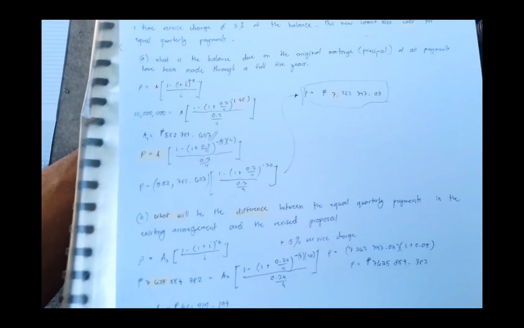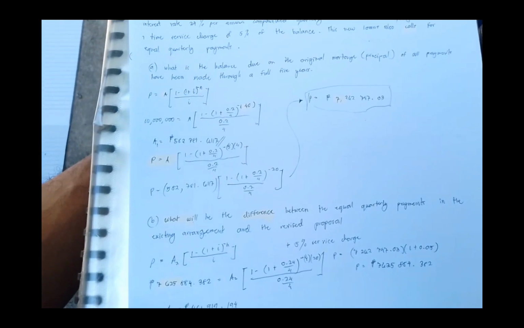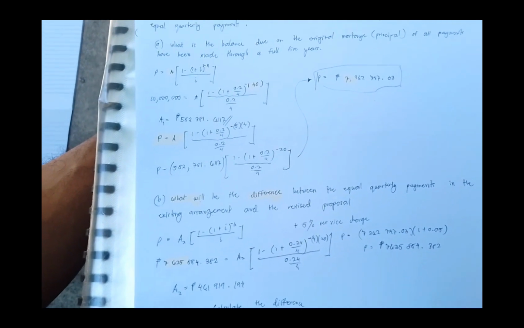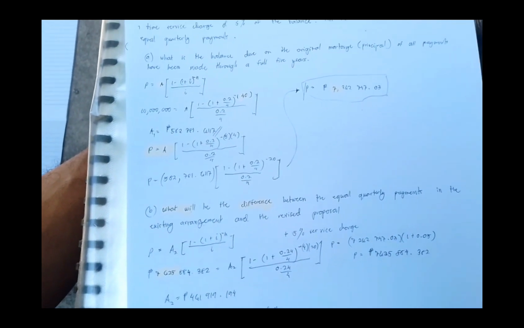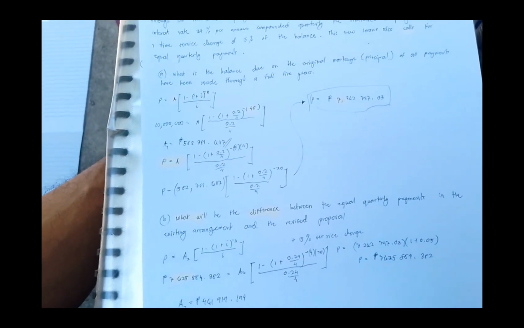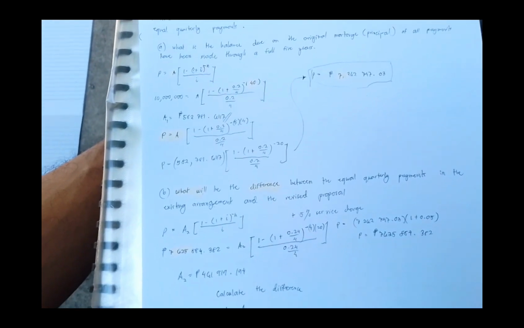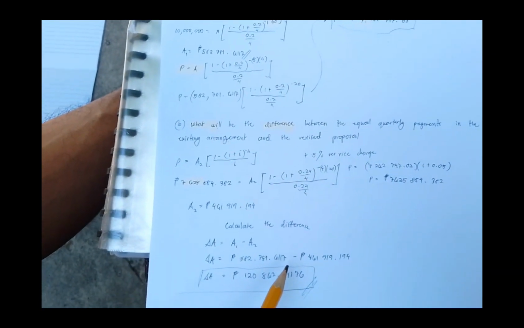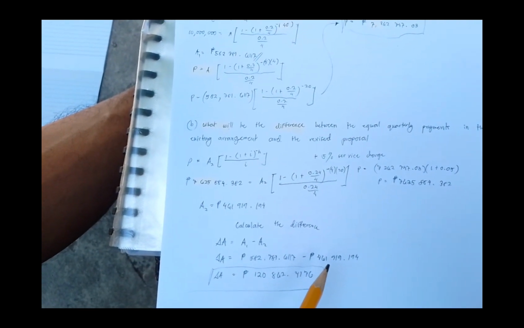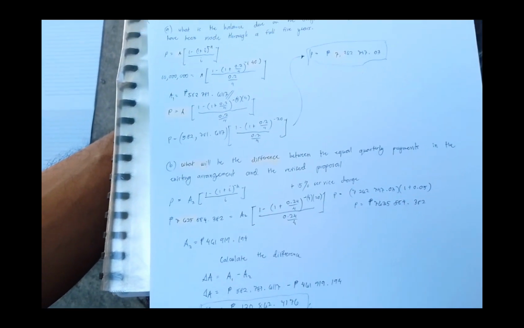So we calculate the difference or change. The change is A1 minus A2, which is 582,781.6117 minus 461,991.194.